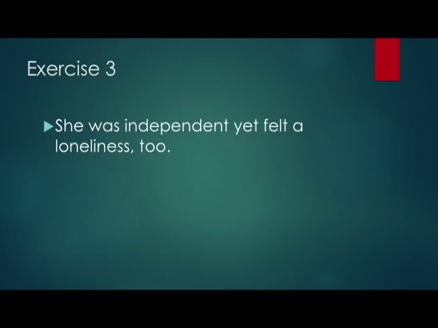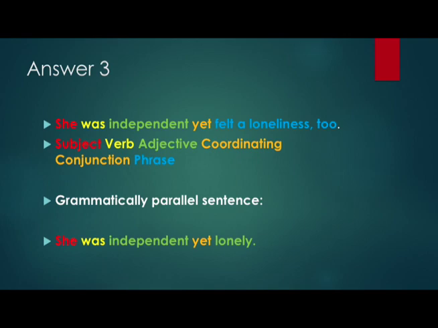All right, exercise 3. She was independent, yet felt a loneliness too. All right, let's take a look at this sentence. She was independent, yet felt a loneliness too. So she is the subject, was the verb.